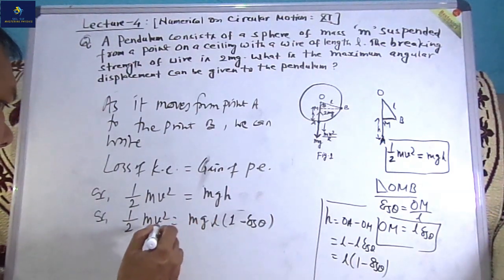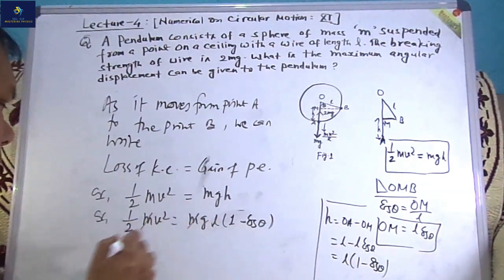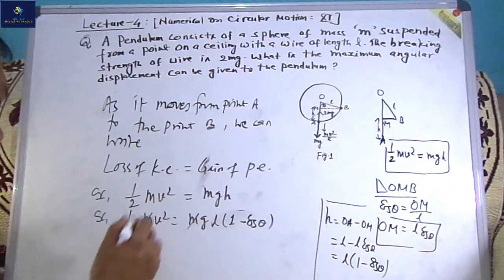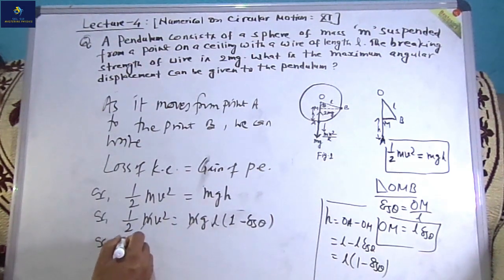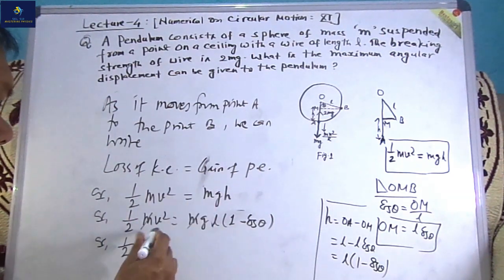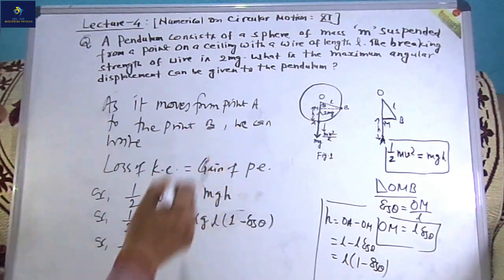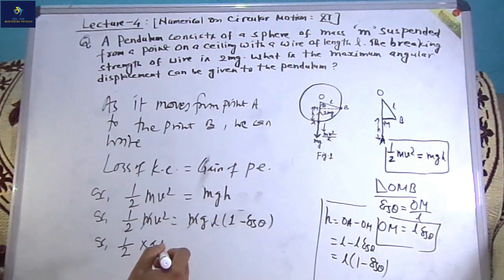Now what are we seeing here? This m can cancel with this m. After cancelling, we have already defined V square before. V square is equal to GL, so we can write half into GL here. V square is equal to GL by the help of the maximum strength or breaking strength, maximum stress or maximum tension or breaking strength.